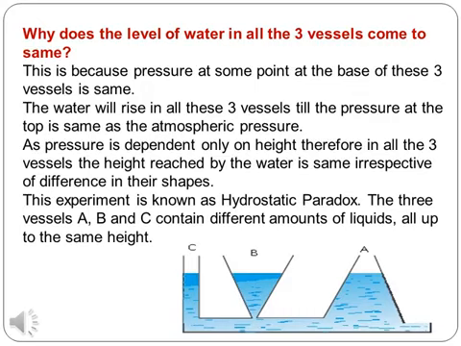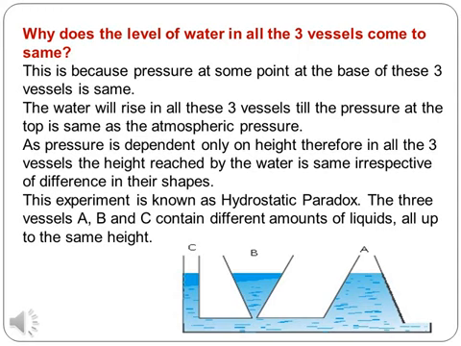It is because pressure at some point at the base of these three vessels is same. The water will rise in all three vessels till the pressure at the top should be same as the atmospheric pressure, since all three vessels are open to the atmosphere.